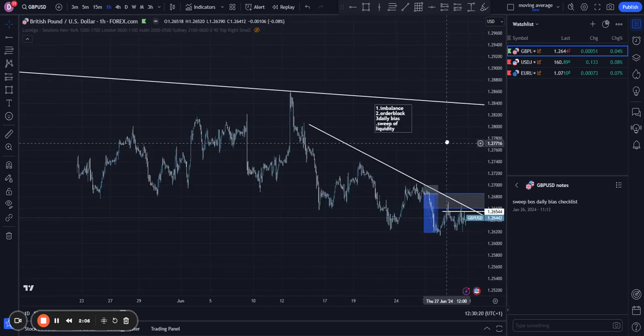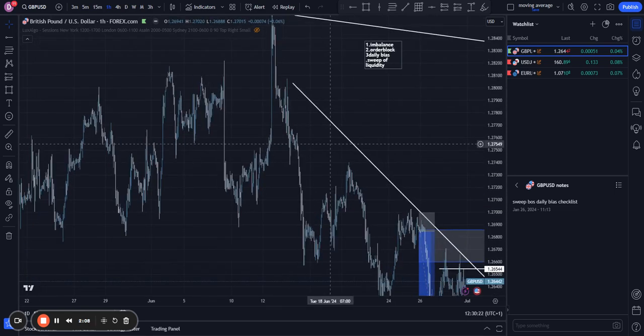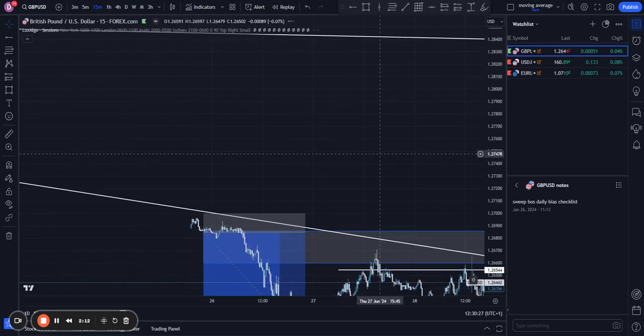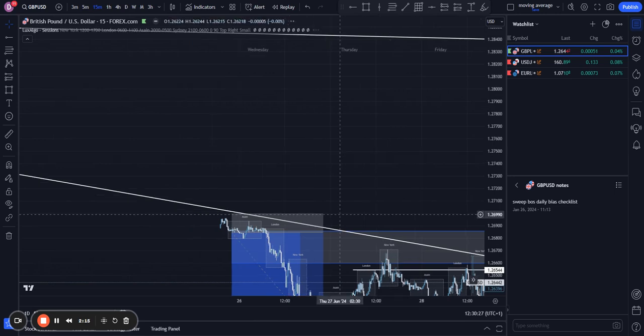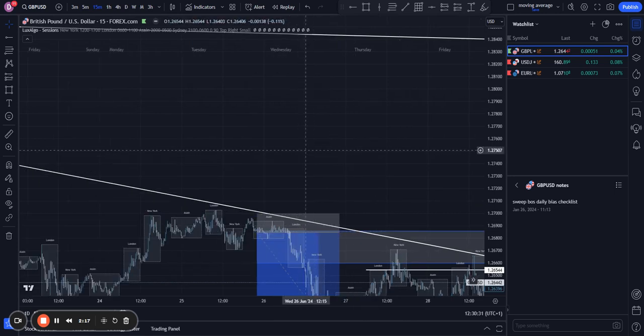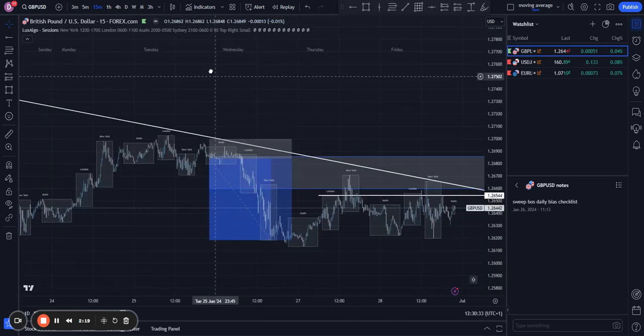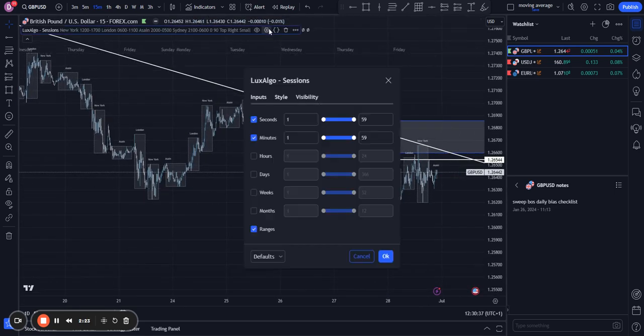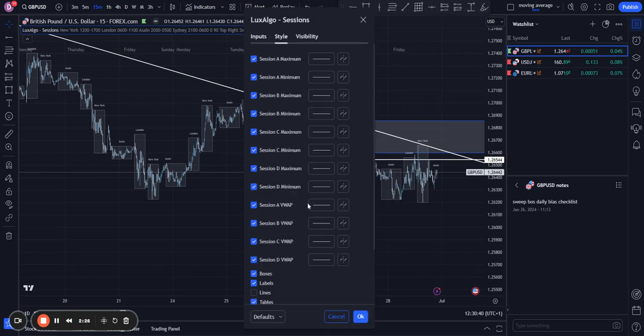Right, so imbalance first. Let me go over some imbalances right now, just where price ran through imbalances. Good to go on the lower time frames for this. I probably need to delete some stuff off. I don't know why these boxes are still on here as well. I just want the lines for the days, not the boxes.